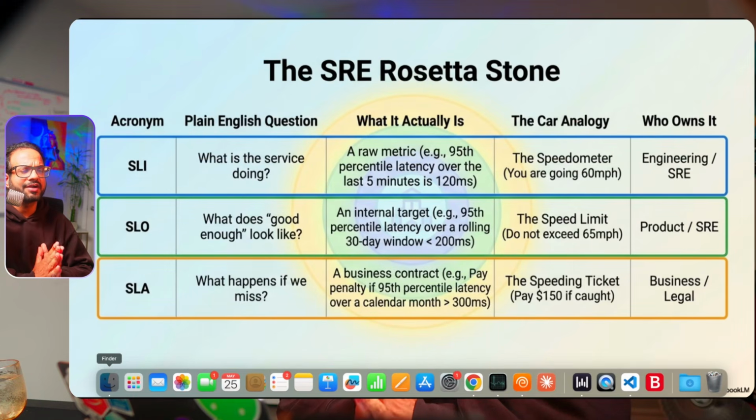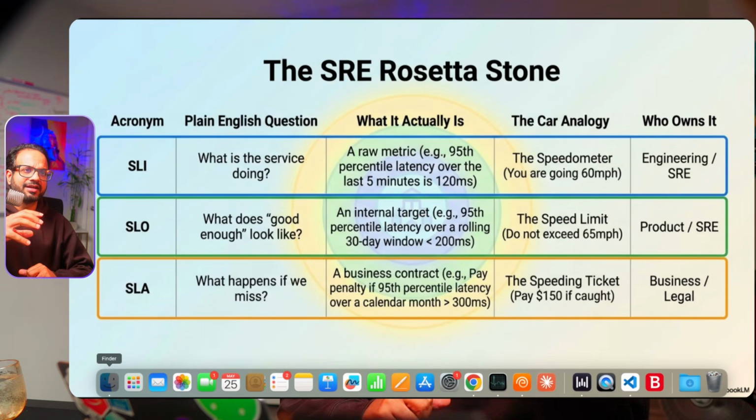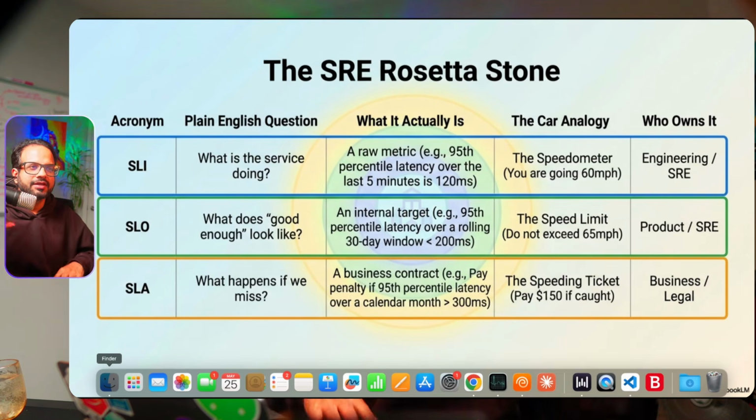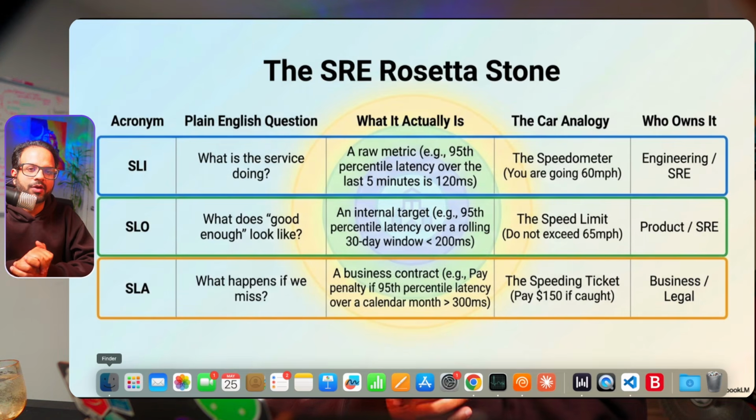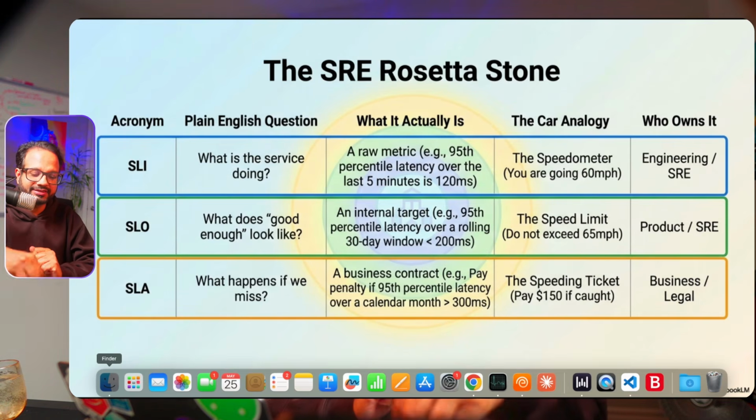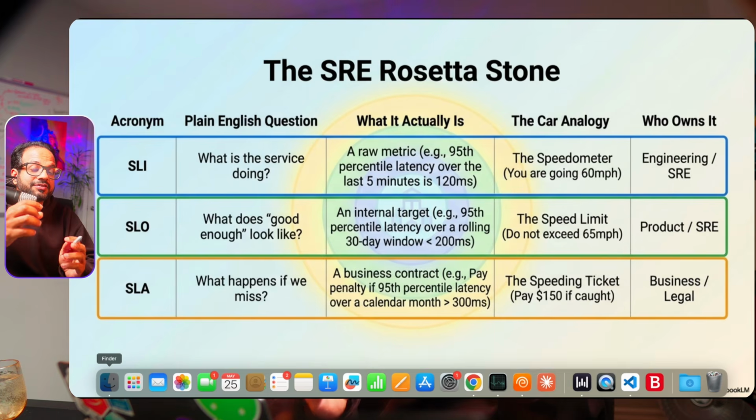So let's start with the common definition of these three terms: SLI, SLO, and SLA. SLI, in plain English, is what your service is doing. Something like your disk space utilization is 80% in the past 10 minutes, or your 95 percentile latency over the last 5 minutes is 120 milliseconds.